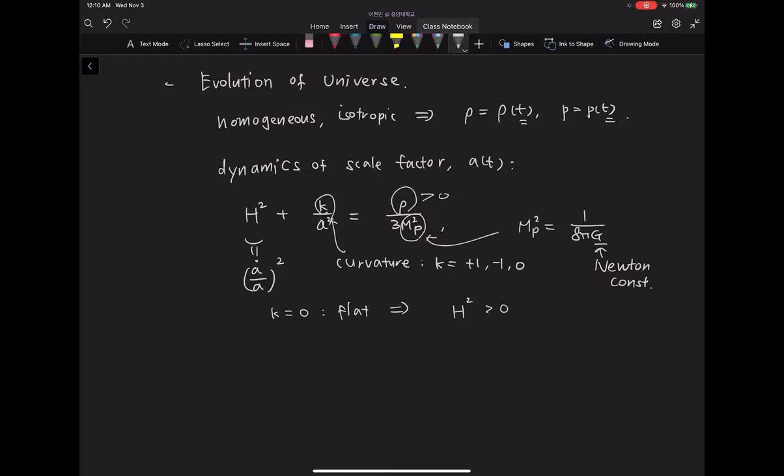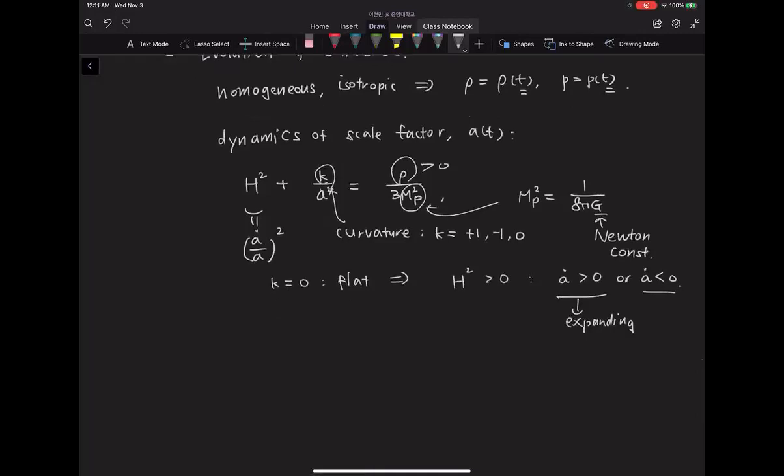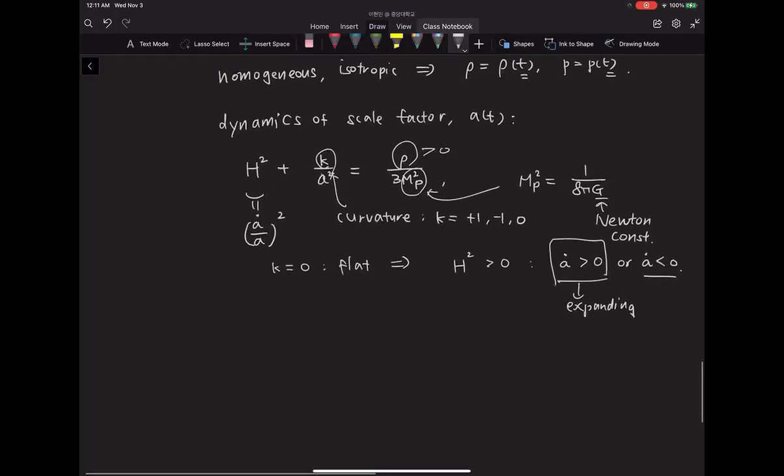So of course in this case a dot is greater than 0, or a dot is smaller than 0. The first case is the expanding universe, and the second case is the contracting universe. So we are taking the expanding universe.